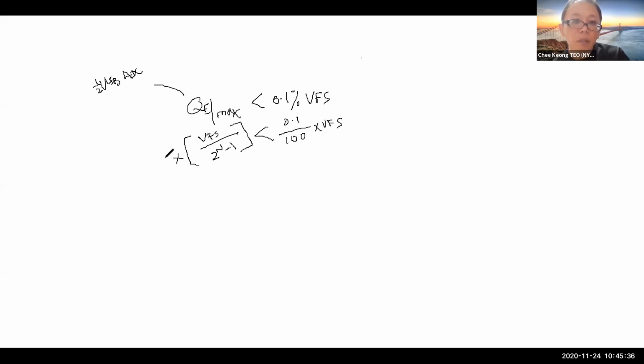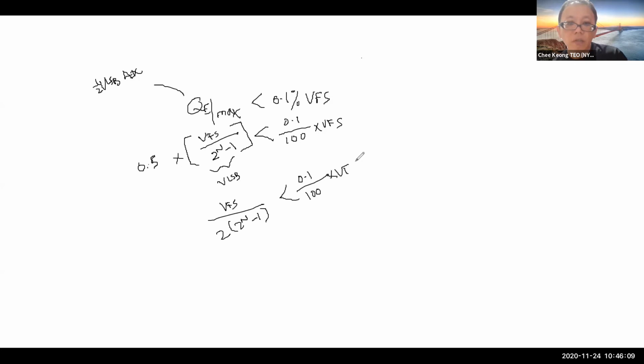And I put back here, this should be 0.5. This particular thing here is VLSB, so essentially it is equivalent to V full scale divided by 2 times 2^n minus 1, less than 0.1 over 100 times V full scale.